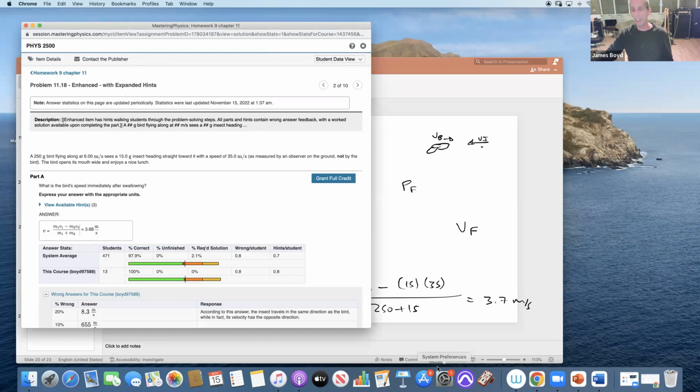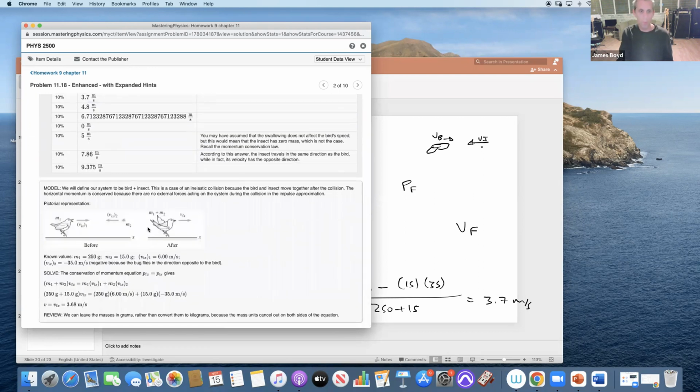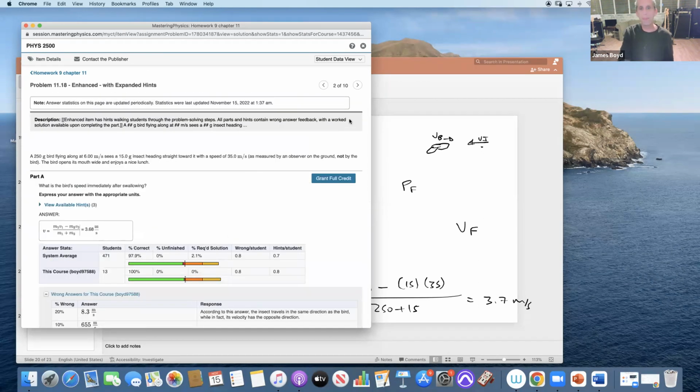That's quite a change, to be honest. That's a pretty big insect for a bird that size. Okay, so this is an inelastic collision as well as a bird. And conservation of momentum.